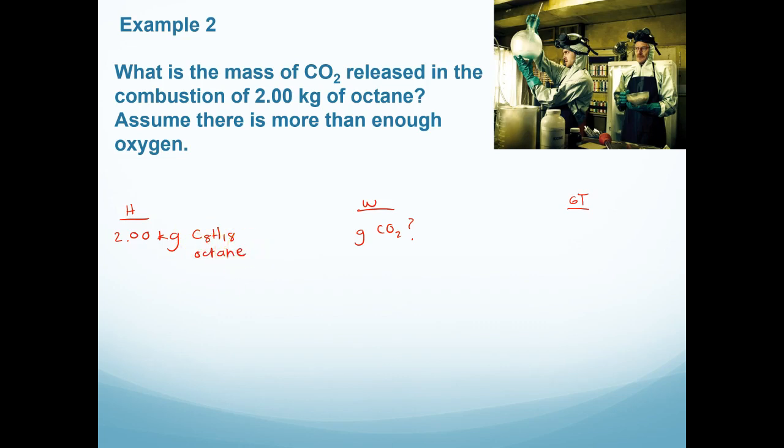Okay, and we'll go through the same process. For this one, we have mass next to the octane, we have mass next to the carbon dioxide, which tells us we need a molar mass for both of those.